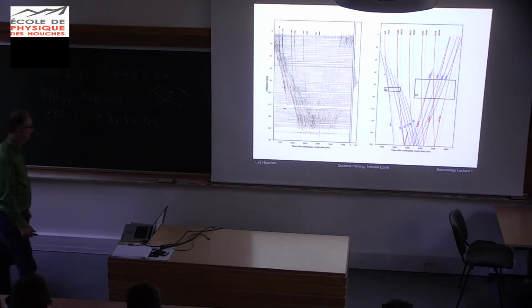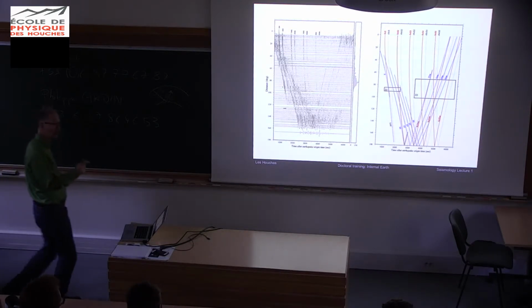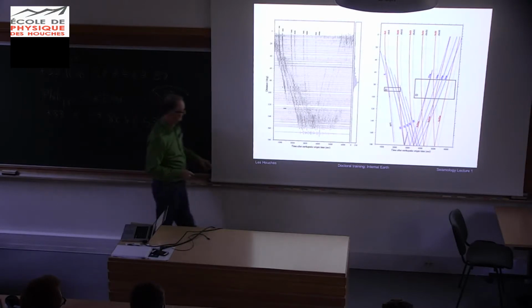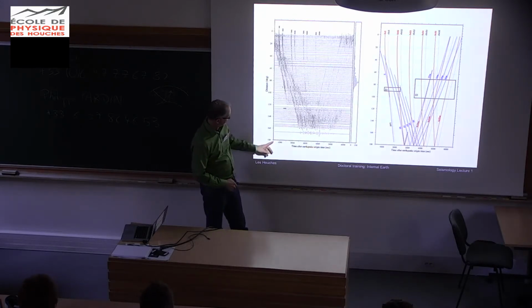So here on the left, these are real data. As I said, these are data. Authentic. And this is about almost 2 hours of information after the earthquake origin time. It starts at like 500 seconds after the origin time.